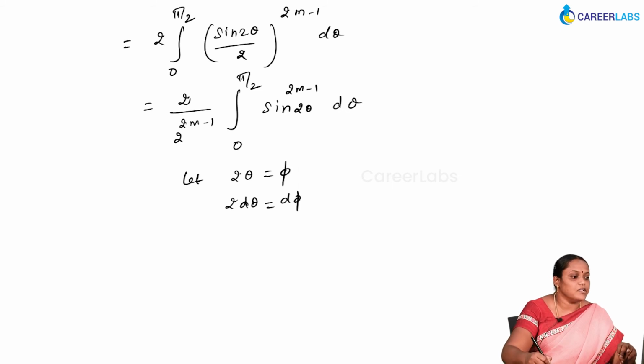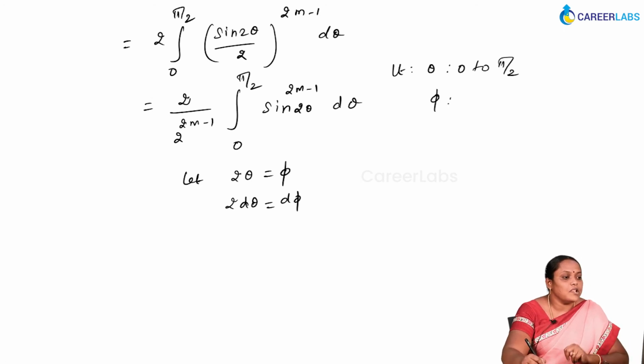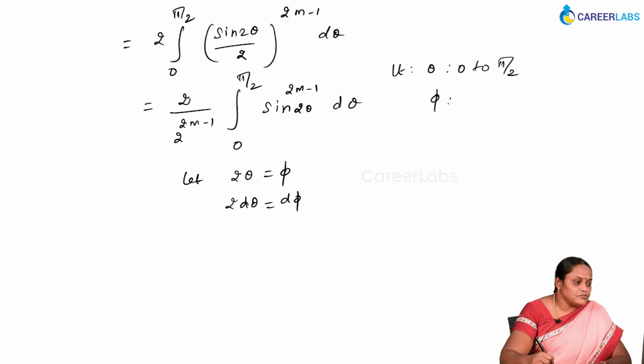So what will happen to the limit? The limit for theta is from 0 to pi by 2. Now we are converting everything in terms of phi. Since 2 theta equals phi, when theta equals 0, phi will be 0. And when theta is equal to pi by 2, the 2 will get cancelled and you will get the value as pi. So phi varies from 0 to pi.